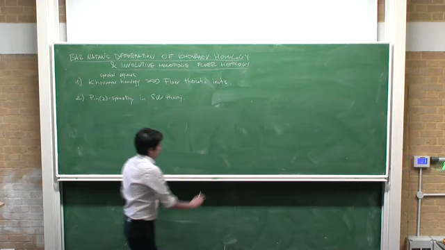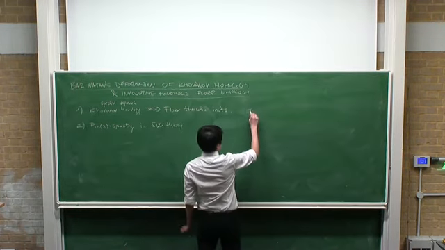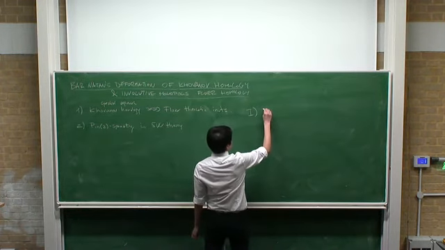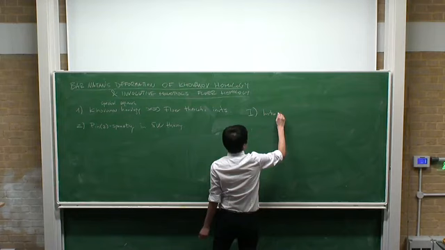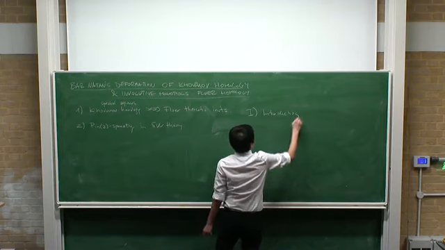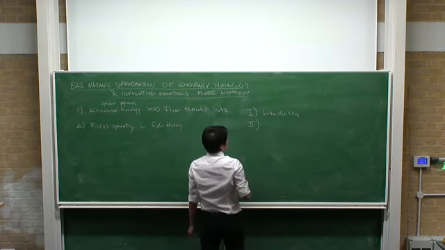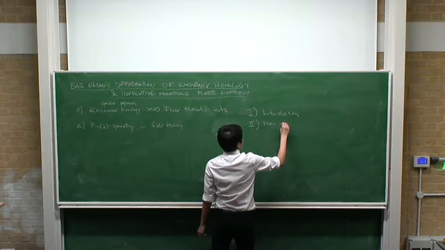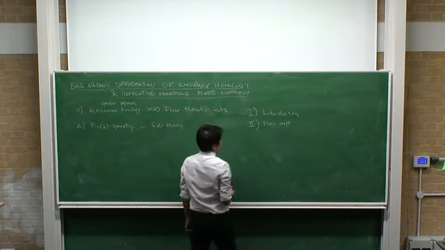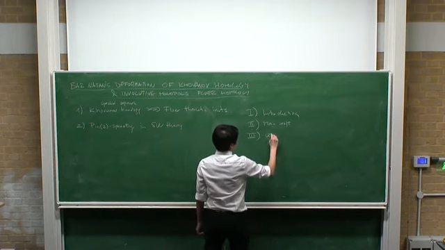So I guess the talk will roughly go like this. The first part will be an introduction, a quick review of what these two things are. Okay, and then I want to tell you a little about the main results. The third, I want to tell you a little about why it works.